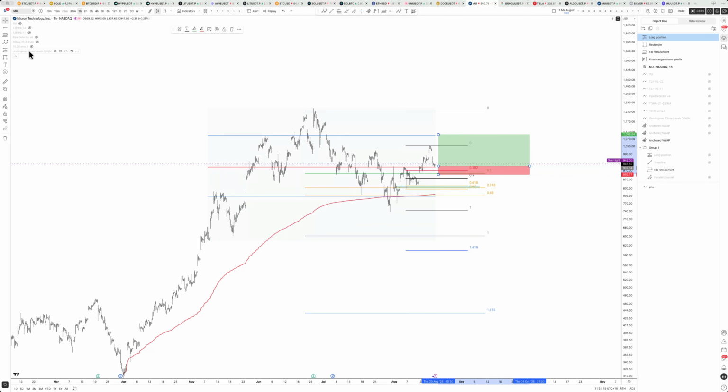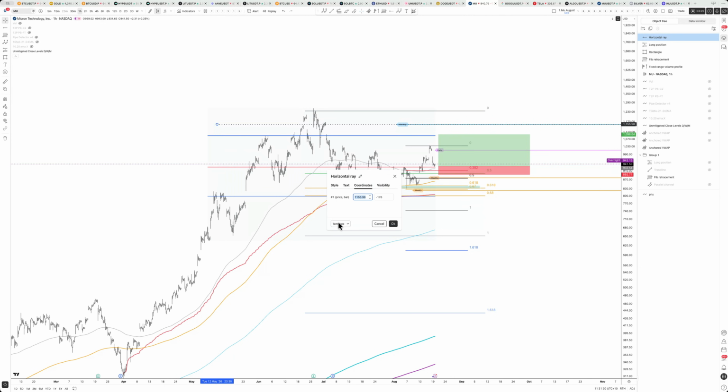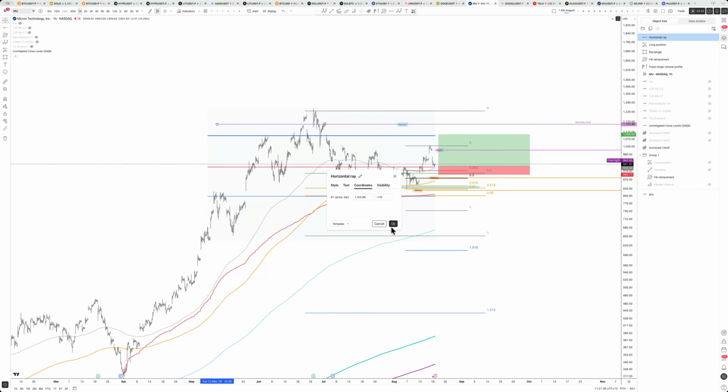And if we put our tool in there, we can say that's the monthly. That tool of mine looks for unmitigated levels, and unmitigated means it hasn't been tapped before. So that's our monthly.